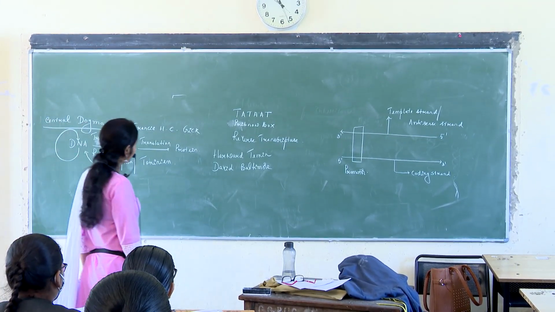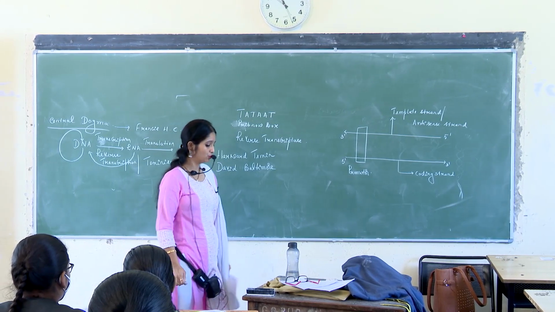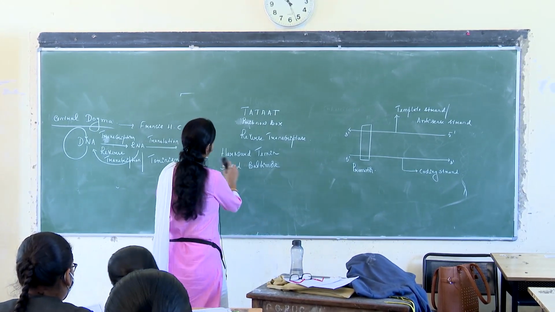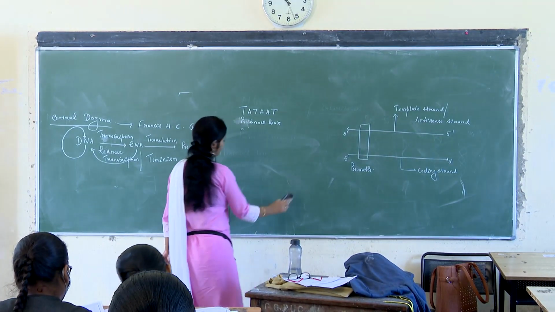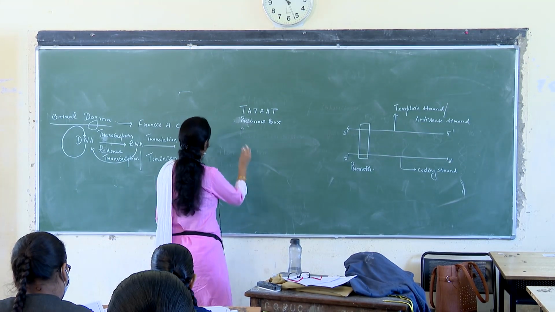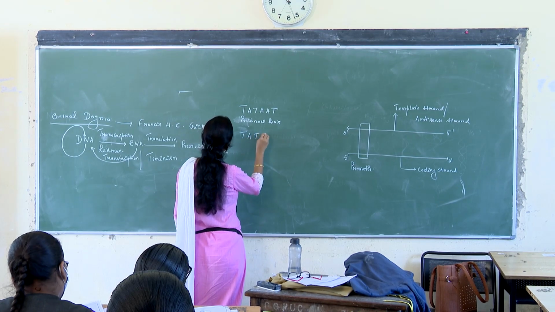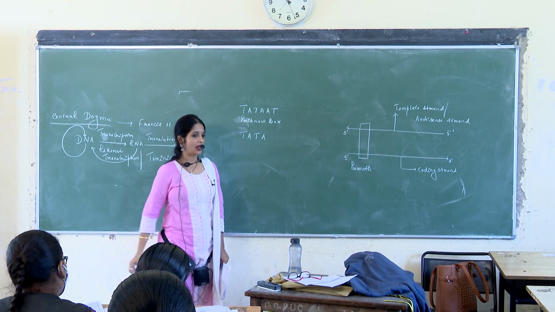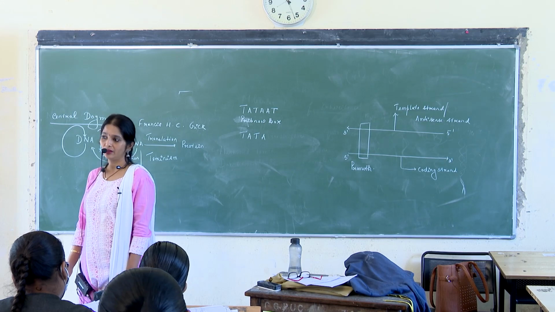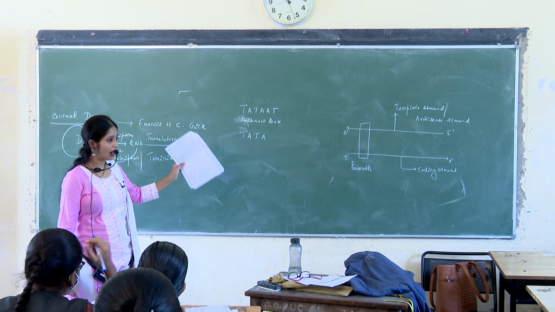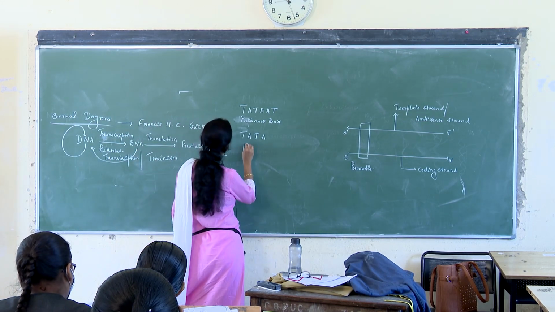In case of eukaryotes, the promoter gene is made up of thymine, adenine, thymine, adenine, right? And this is known as Hogness box.